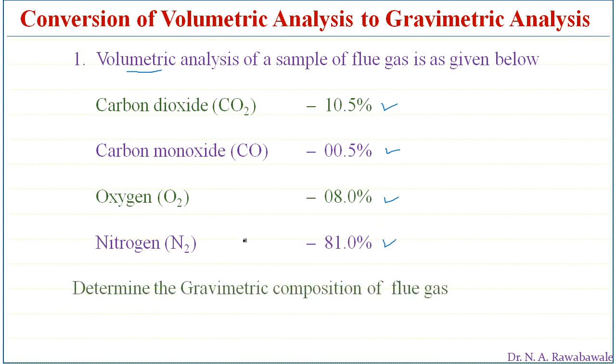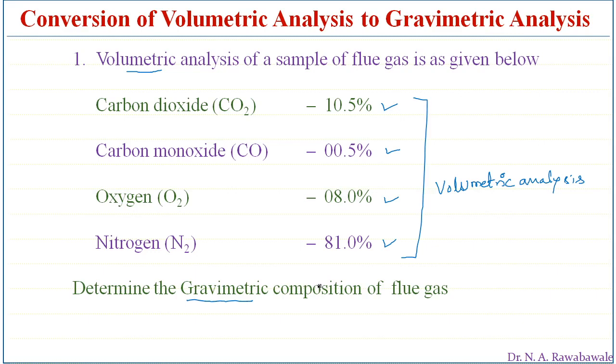We are asked to determine the gravimetric composition of the flue gases. The composition given is on the basis of volume, so we call this a volumetric analysis. This volumetric analysis can be converted into gravimetric analysis, that is the mass analysis, and vice versa.